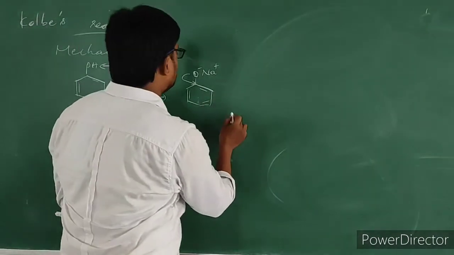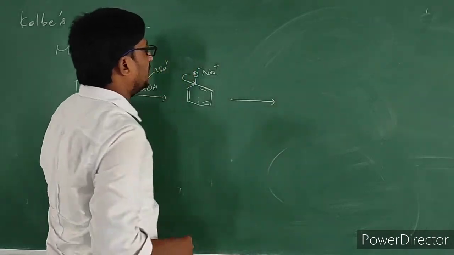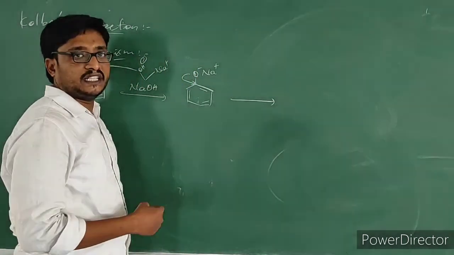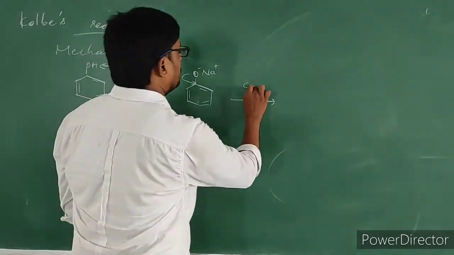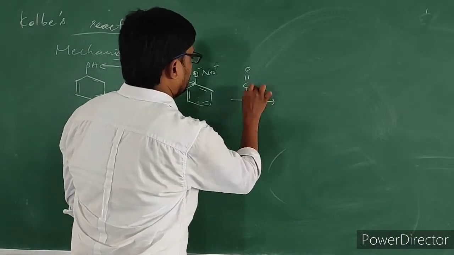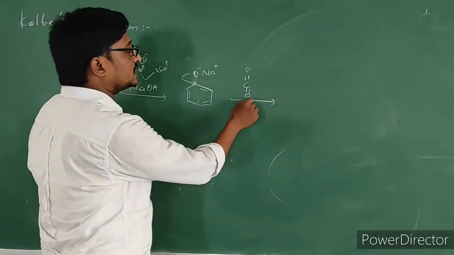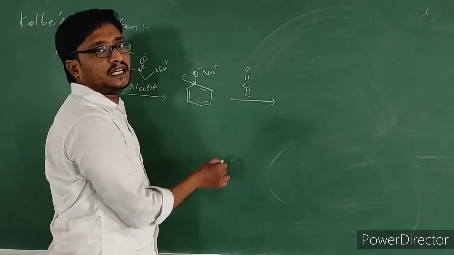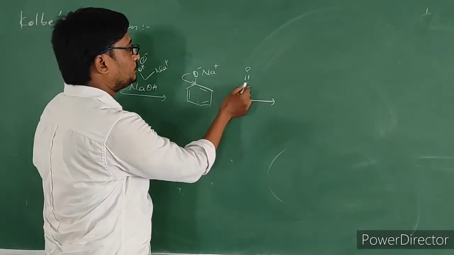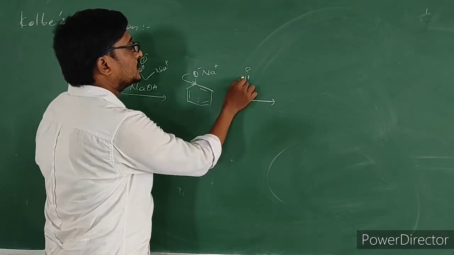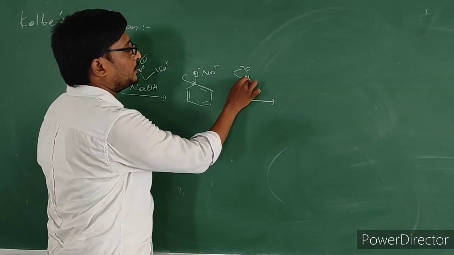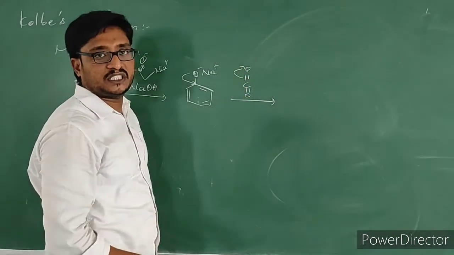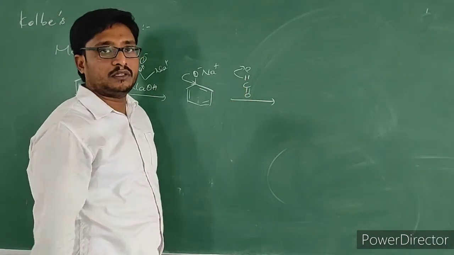Now if you see the next step, this phenoxide ion is treated with CO2. CO2 is a weak electrophile. In this carbon dioxide, oxygen is more electronegative than carbon, so this pi bond will shift towards the oxygen, making the carbon positively charged.